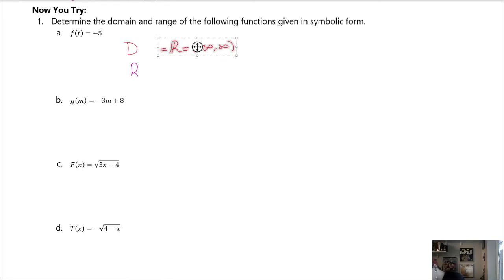I often abbreviate domain just a D or DOM. And then the range is, well, the only output is -5. This never takes on anything else, so I'll say that the range is the set containing just the number -5.